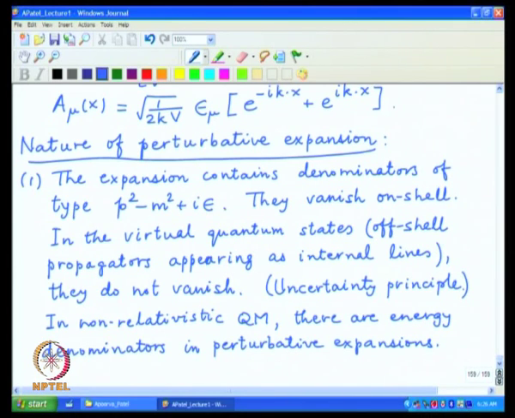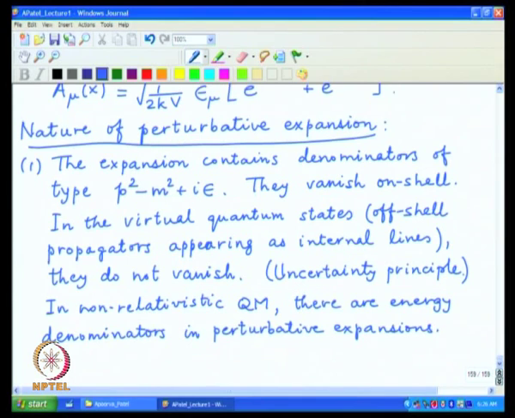So, one has a transition from one state to another, and then you come back to the original states or produce another transition to another state, and so on and so forth. And the momentum is explicitly conserved in the non-relativistic expansion, but energy is not, and that uncertainty in energy allows us to deal with this energy denominators which appear in the expansion, and there.